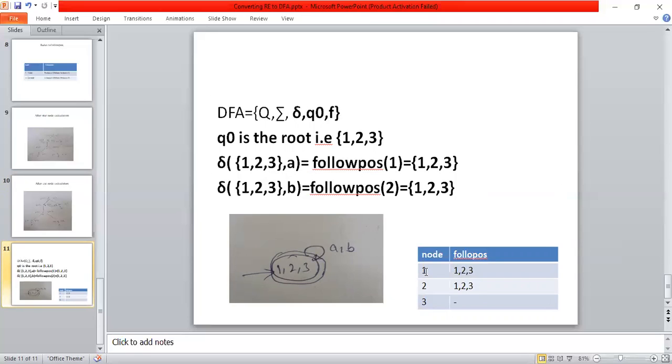For this, we can also represent node 1 as A, node 2 as B, and node 3 as hash, so that it is clear for you.